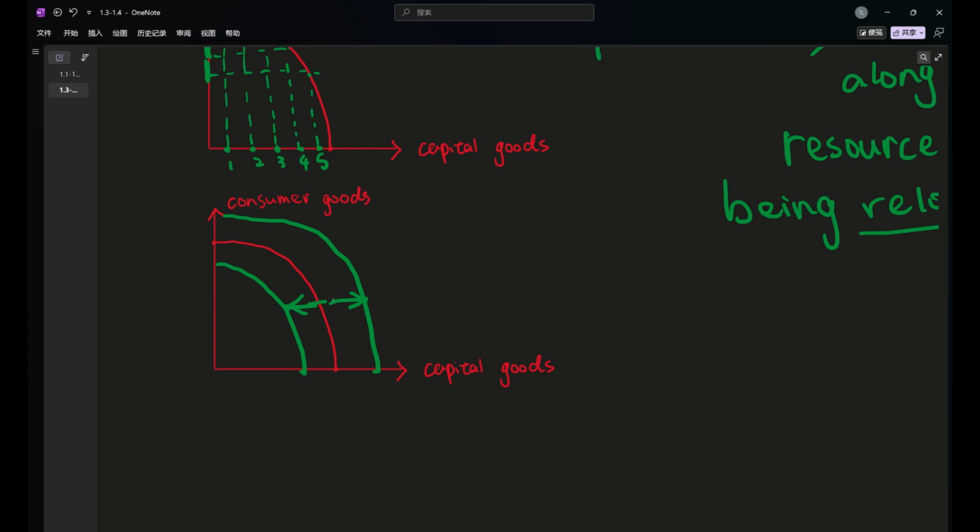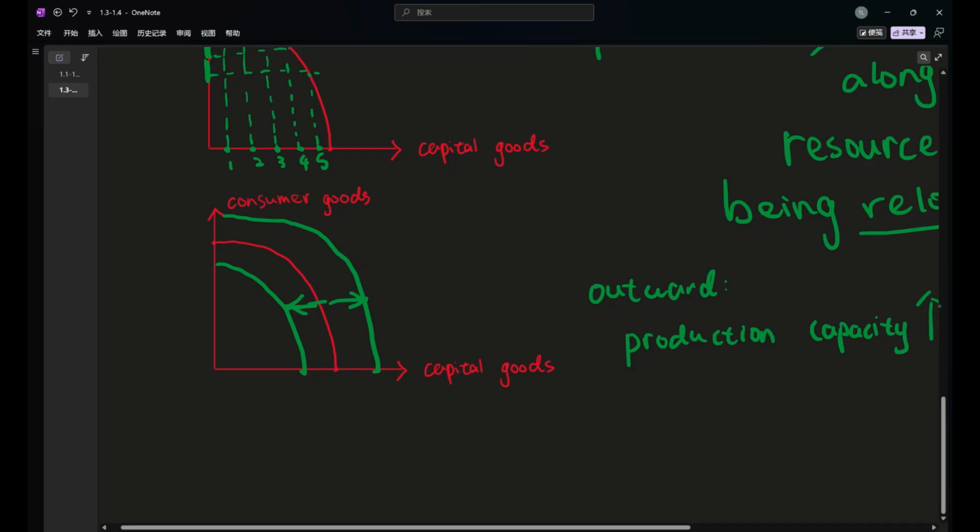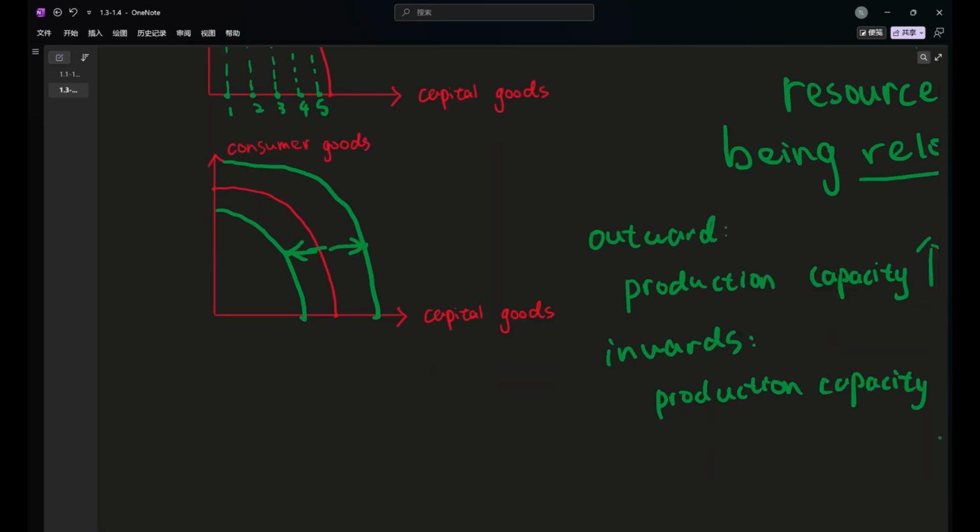When it shifts outward, it means the production capacity is increasing. It means the maximum output of an economy is increasing. You can produce more, and when it shifts inward, of course it means the production capacity is decreasing.